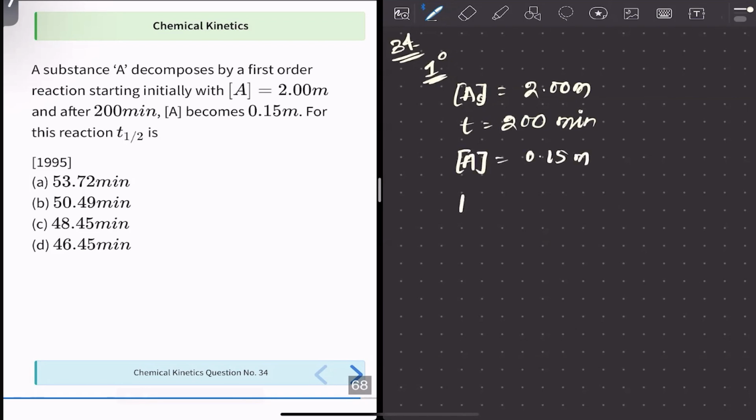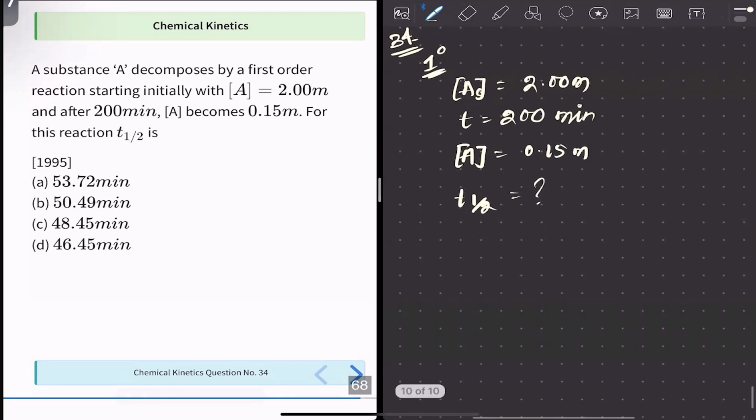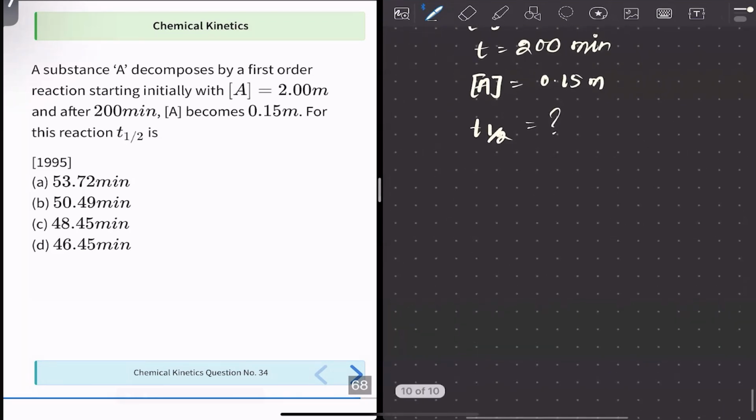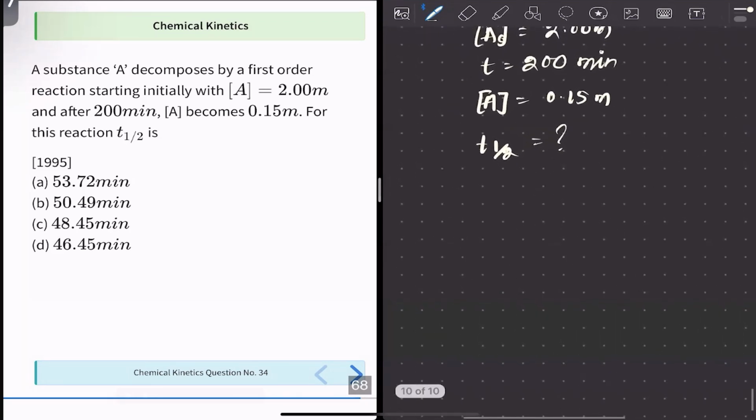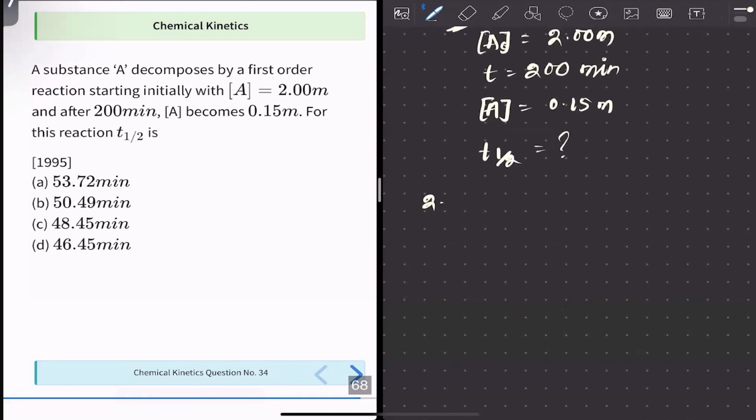For this reaction, T half. For T half, we need to find out the K value first. So write down the integrated formula: 2.303 log 10, A naught means 2, A means 0.15, is equal to KT, that is 200 minutes.